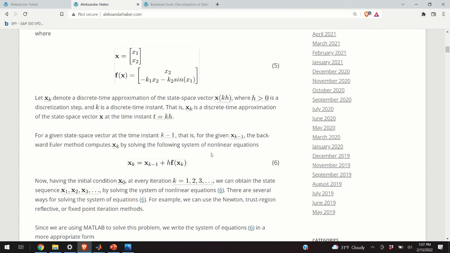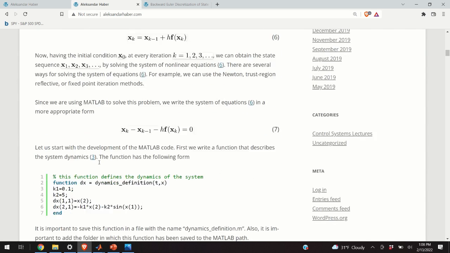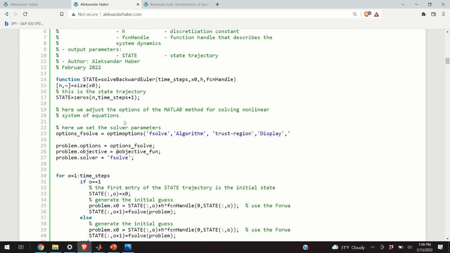Now, to develop any type of a controller or any type of algorithm for verifying the stability of the system, at a certain point you will have to simulate these dynamics. You cannot simulate these dynamics using any method. You need to use actually the fsolve function, and you might be able to get even better results if you use a different type of an algorithm.